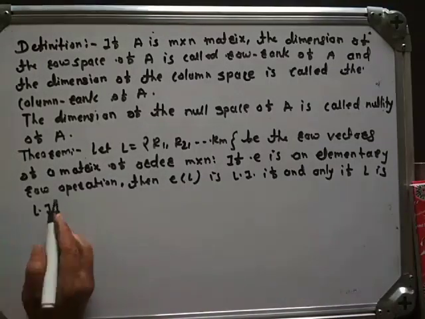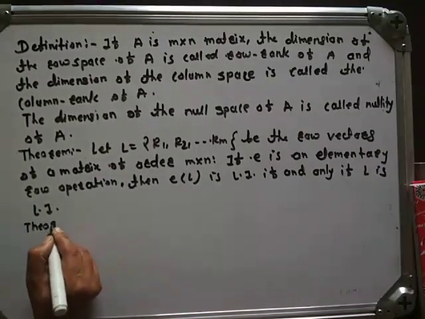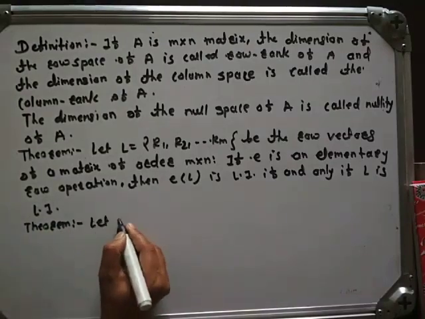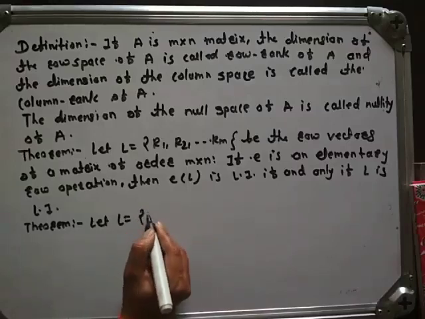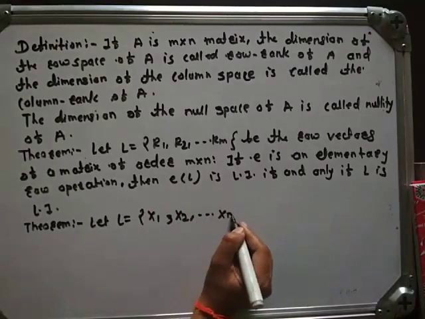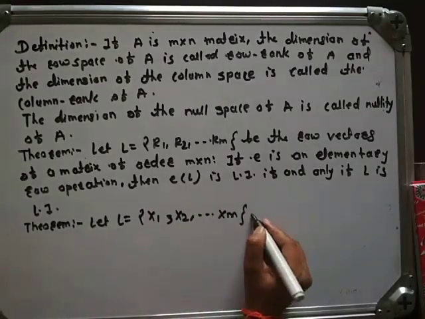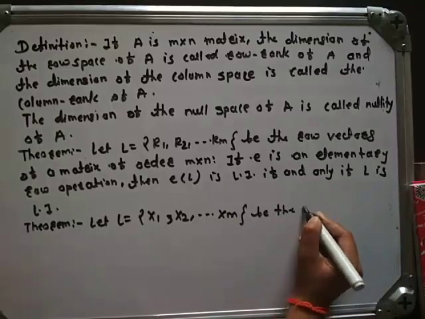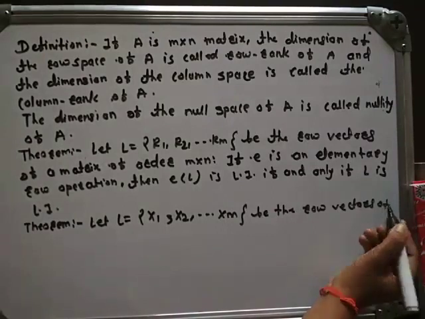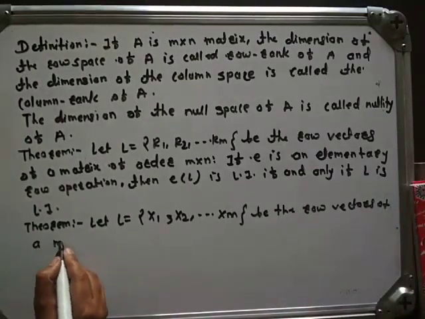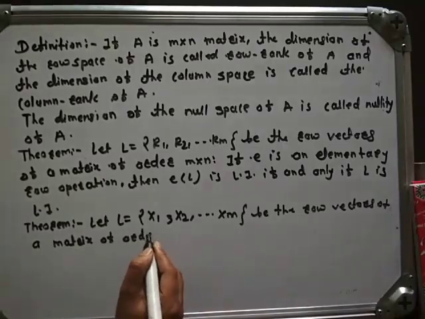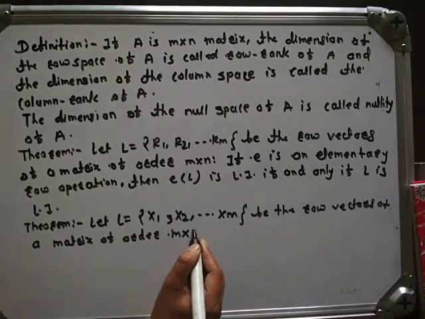Okay. Take one more theorem. We are not going to discuss the proof of this theorem. You have to just understand the statement of this theorem. Let L equal x1, x2 and so on up to xn be the row vectors of a matrix of order m by n.